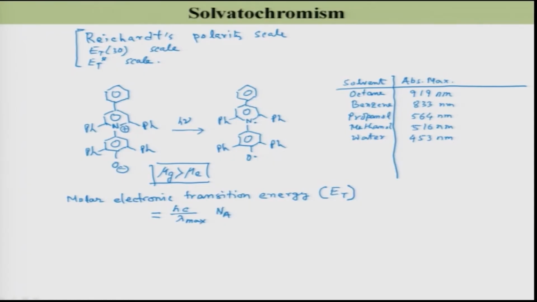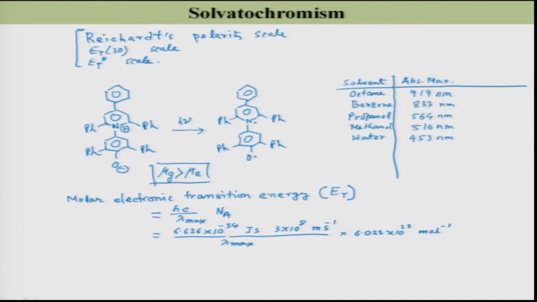So, I can write all the values: h is 6.626 times 10 to the power minus 34 joule second, c is 3 times 10 to the power 8 meter per second, lambda max is in meter, and Avogadro number is 6.023 times 10 to the power 23 per mole. So, if we solve this, the second and inverse second cancel out.